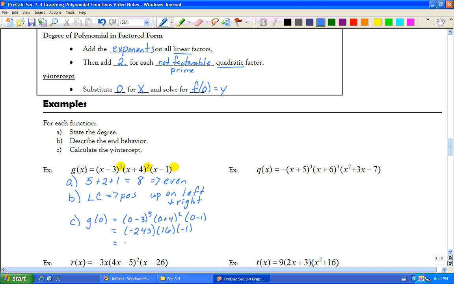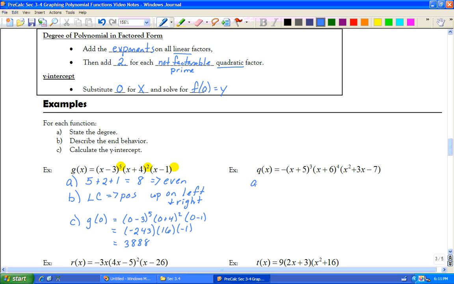If we multiply all those together, we end up with 3,888. So there's our y-intercept. Now, that's not something that we want to graph, but that's where our y-intercept would be. In your homework, you're going to find ones that are more easy to plot. They're going to be much smaller numbers.